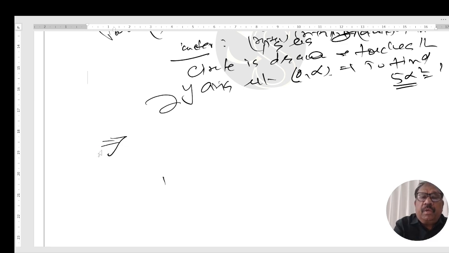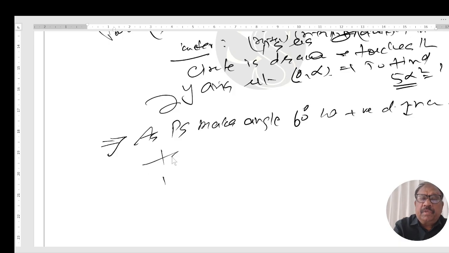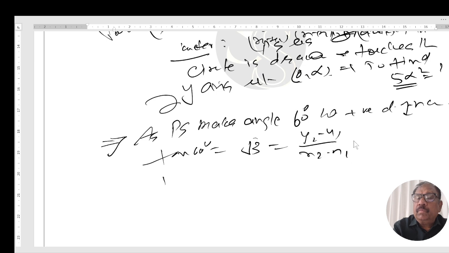Parametric form, tan theta: as PS makes an angle of 60 degrees with the positive direction of the x-axis, tan of 60, that is root 3, equals y2 minus y1 upon x2 minus x1.